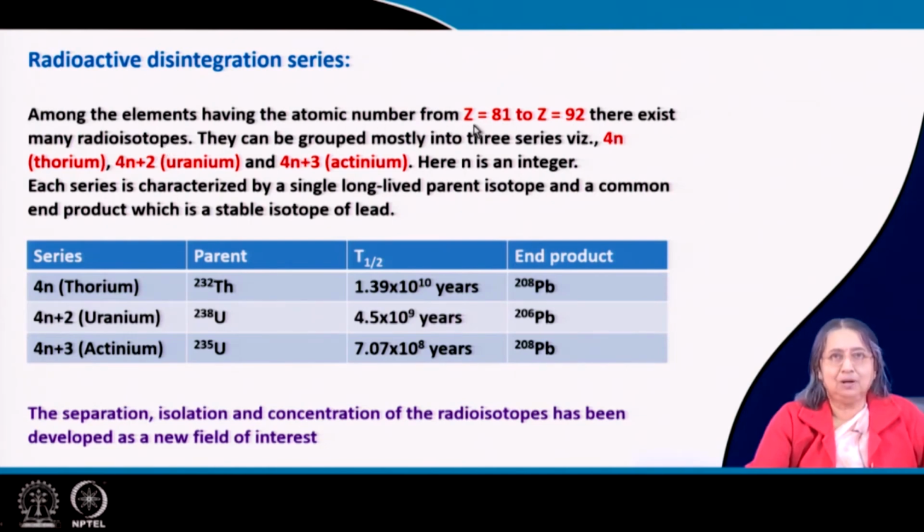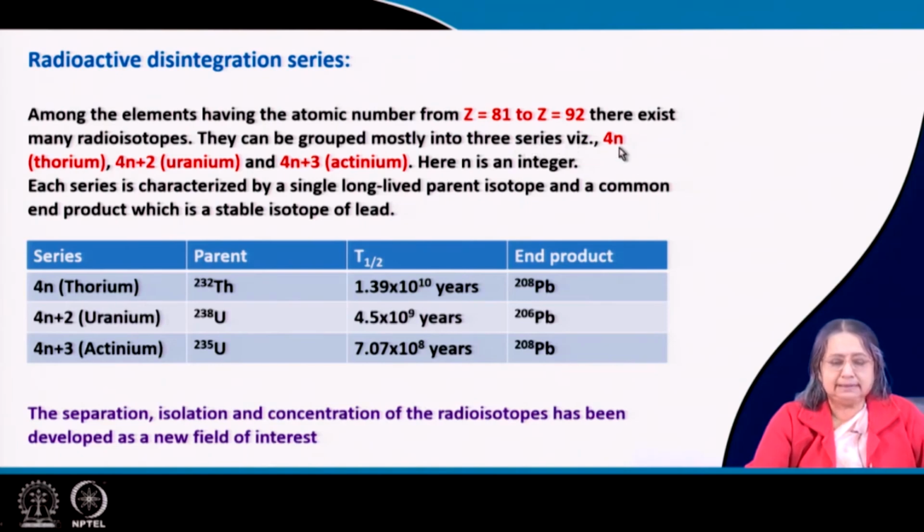By now you know what Z means, and what radioisotopes are. In this range there are many radioisotopes. They can be grouped mostly into three series, and they are placed in these three series.